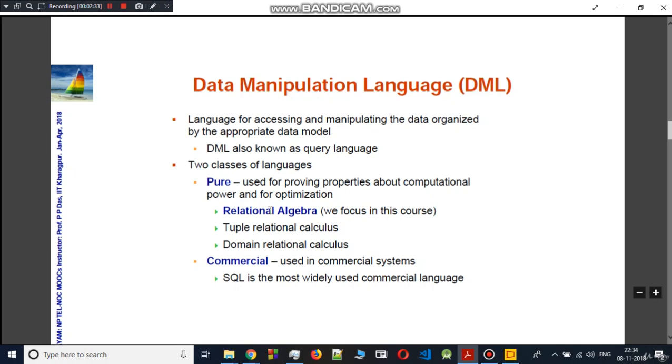In pure languages we have relational algebra, tuple relational calculus, and domain relational calculus. These three classes of language we will all study in a later session. This is the introductory part in which I am telling you what you have to study, the whole agenda of database and what we will do in the full course.